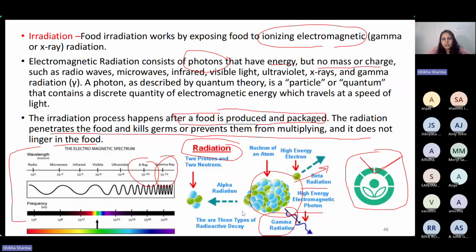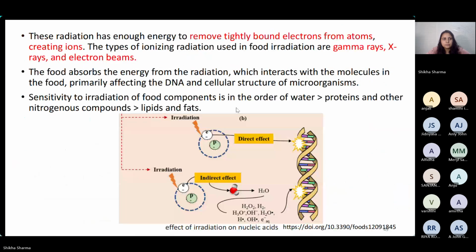Gamma radiation is also produced, and alpha radiations are also produced from this radioactive decay of the nucleus of the atom. So these radiations have a direct effect and an indirect effect on the microorganisms.